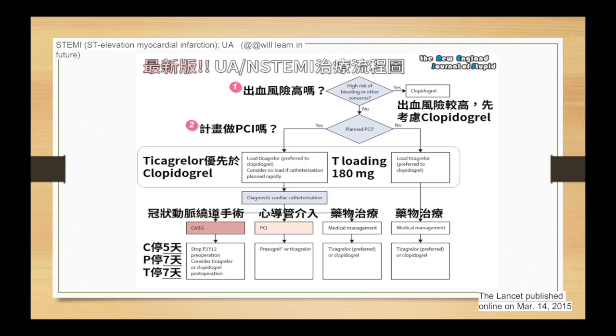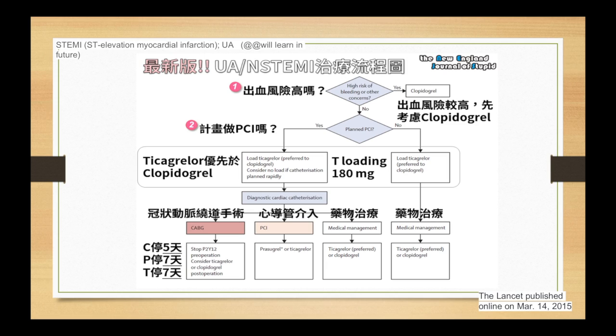This picture helps us understand how the disease works and how we are going to cure it. We have to consider whether the risk of bleeding or other concerns is high or not. If the answer is yes, then we will consider using clopidogrel first.